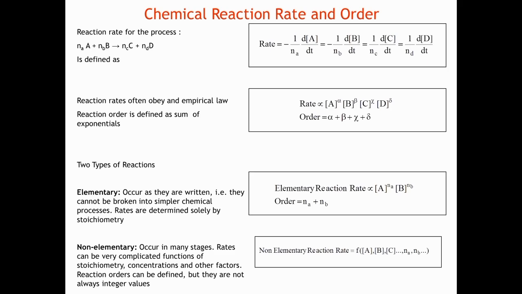So how fast do these reactions happen? So consider A plus B equals C plus D. What is Na, Nb, Nc and Nd?